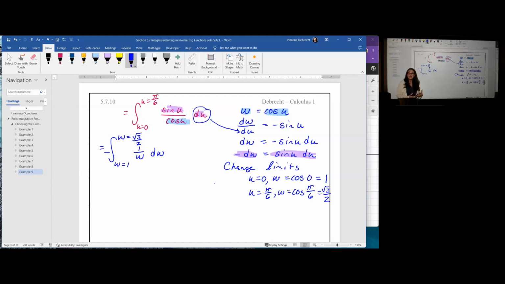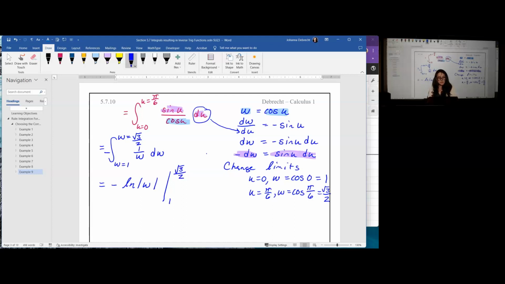This is the natural log of the absolute value. I know, it's a little crazy. Now we can go ahead and integrate this, and this will give us negative the natural log of the absolute value of w evaluated between 1 and the square root of 3 divided by 2.